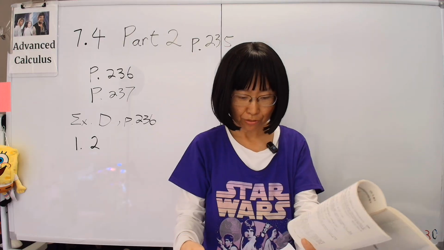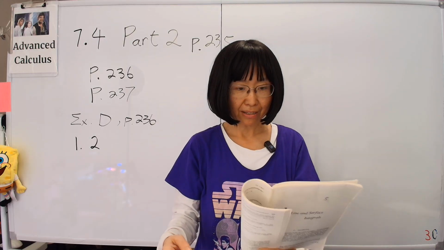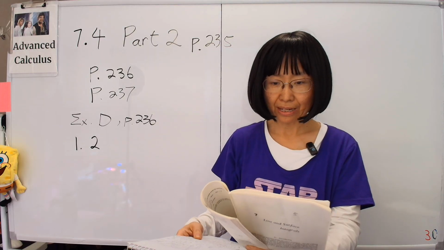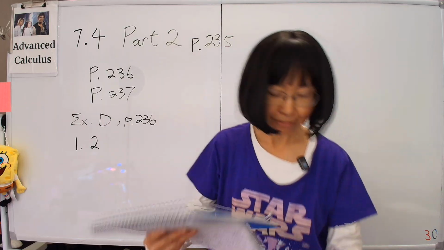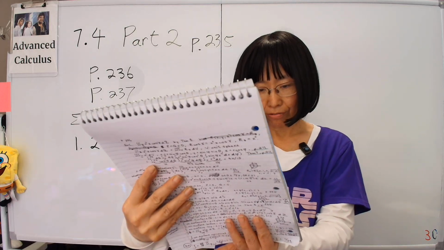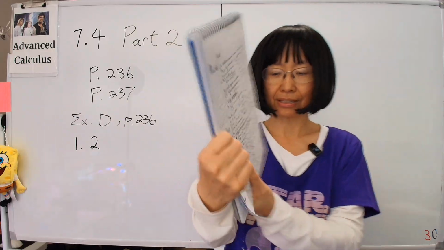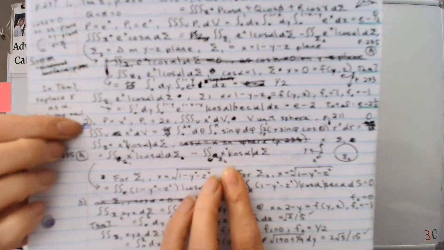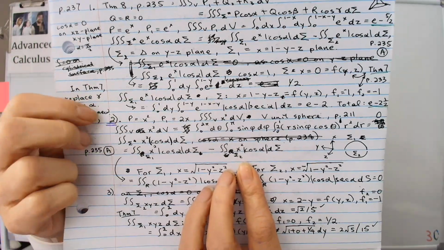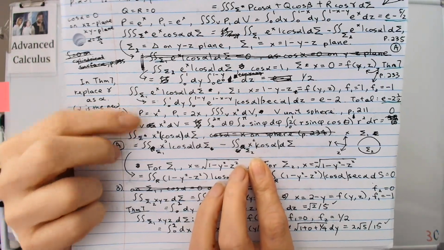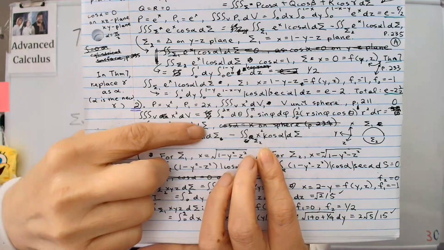For problem 2, we have to do the same thing, with P equal to x squared and V the unit sphere. So I have that here first. We do it the old-fashioned way. We plug it into the triple integral, with V being the unit sphere, that should be fast enough.